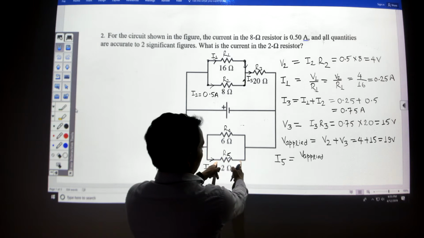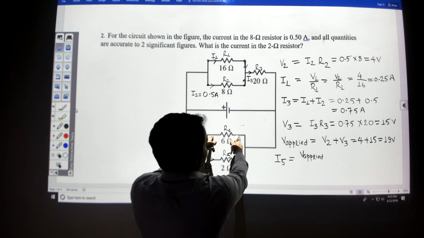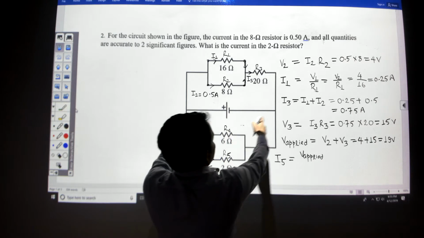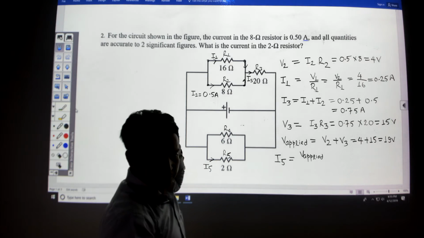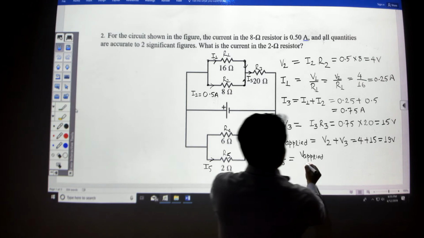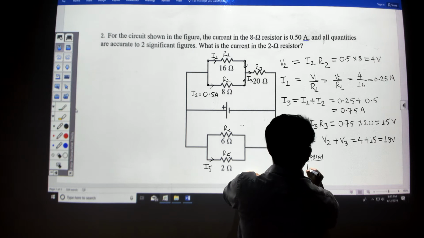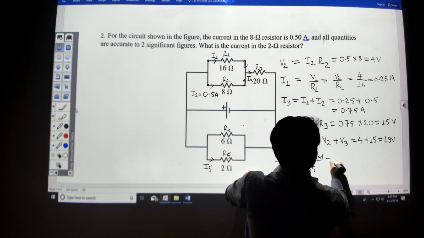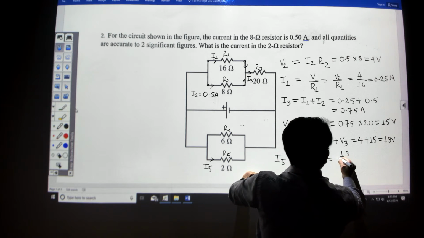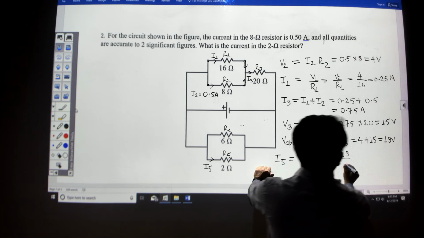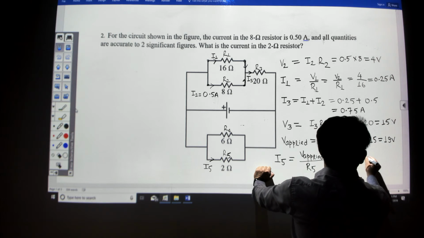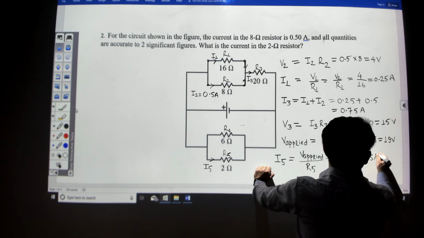So the potential across this resistor is exactly equal to the potential across the other resistor, which is equal to the applied potential, divided by R5. This is equal to 19 volt divided by 2. If I do the math, then I'll get 9.5 ampere current.